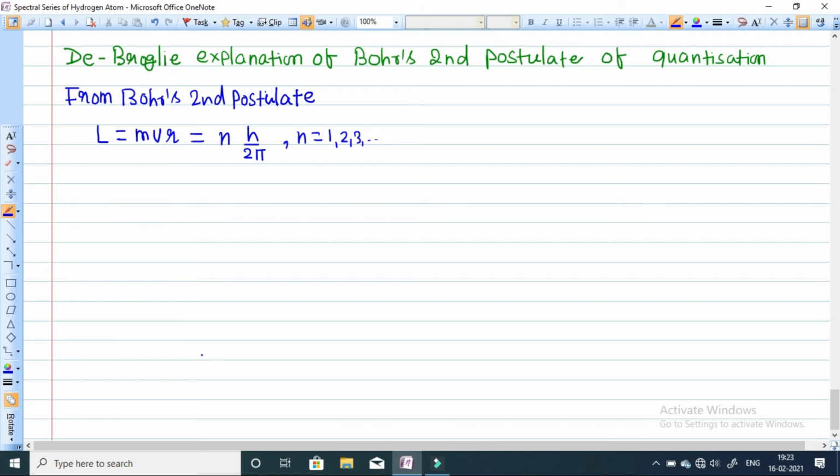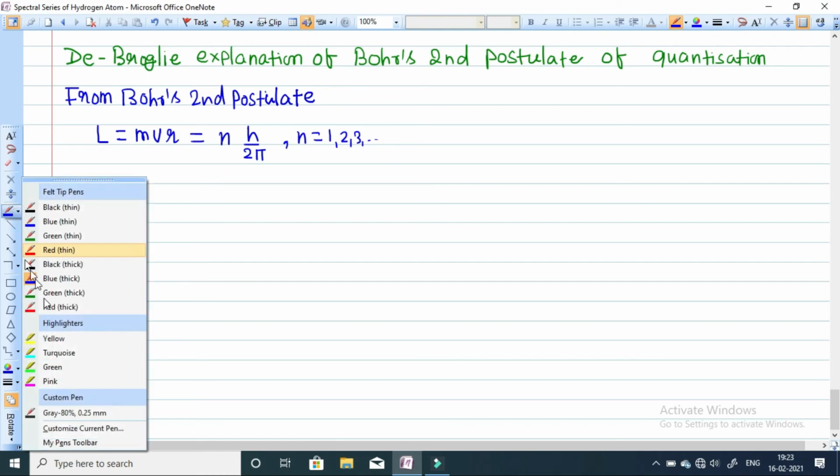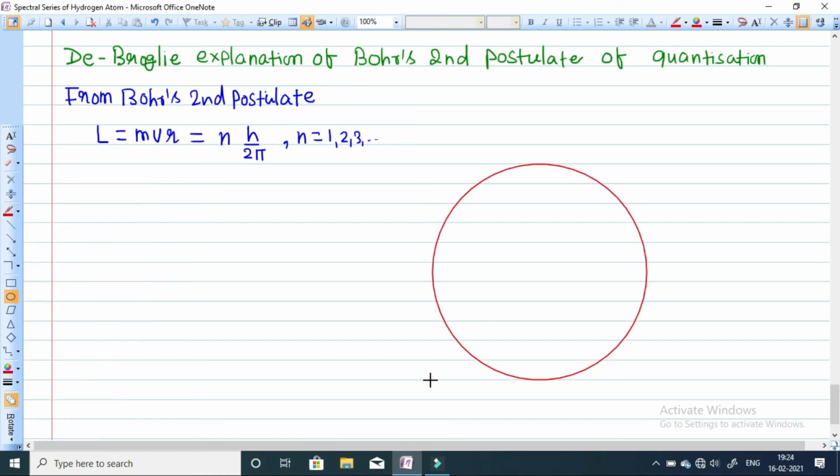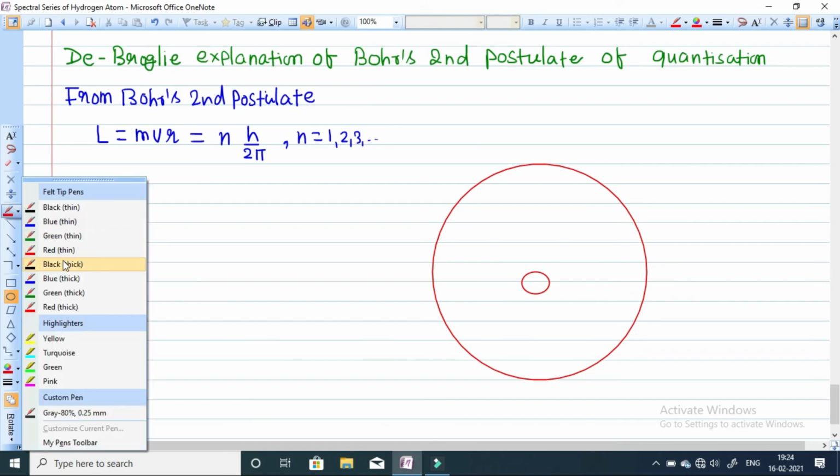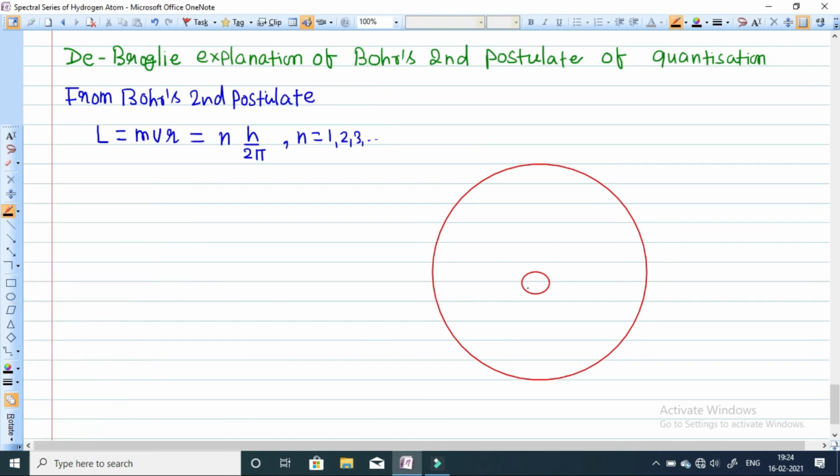So let me draw this circular orbit around which the electron is revolving around the positively charged nucleus. This is our circular orbit, and this is your positively charged nucleus, and the electron is revolving around it in the orbit.